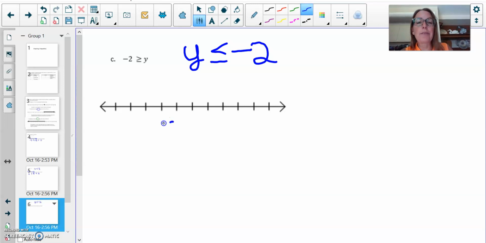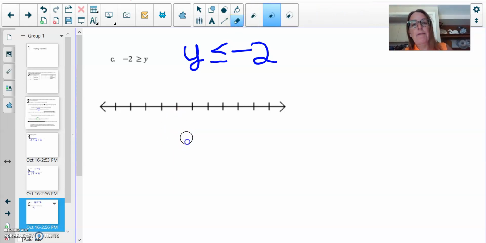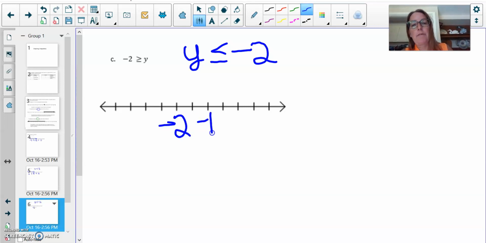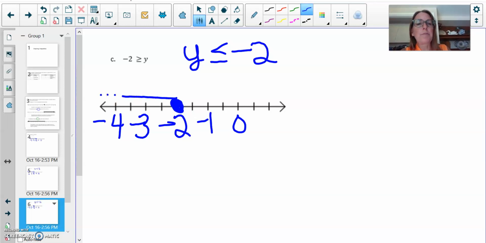So I put -2 in the center, and fix that. -2, -1, 0, -3, -4, going 2 values either side of -2. This time there is an equal sign at -2, so I have a closed point at -2. I'm looking at numbers below -2, so my arrow shades towards the left.